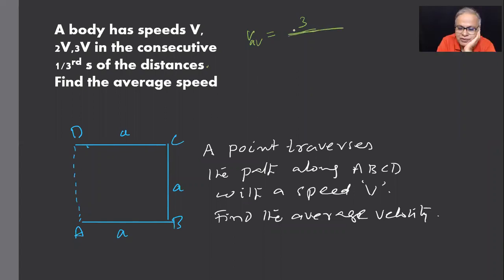Please look at the old question. So what will I write here? 1 by V plus 1 by 2V plus 1 by 3V. Isn't it so? So what will I get for this?